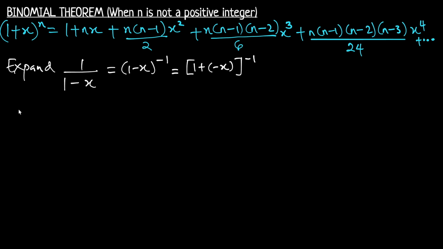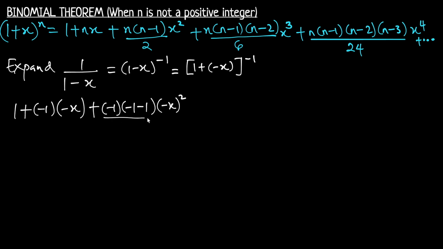So let's go. 1 plus n is negative 1. So we just do negative 1. But our x in this case is negative, so it's not positive, just like we have it here. So it's going to be negative x. That has been sorted. Plus, now n again is negative 1. So negative 1, negative 1, negative 1. Right. X again is negative, so negative x all squared. This is divided by 2.